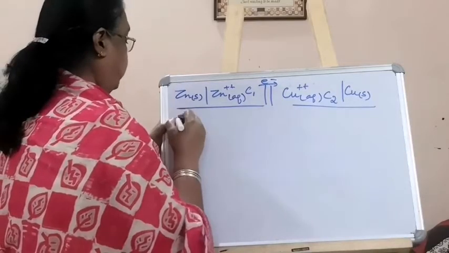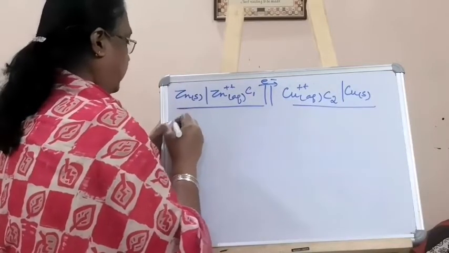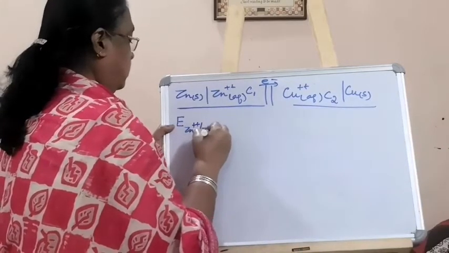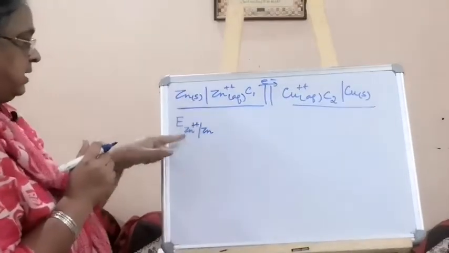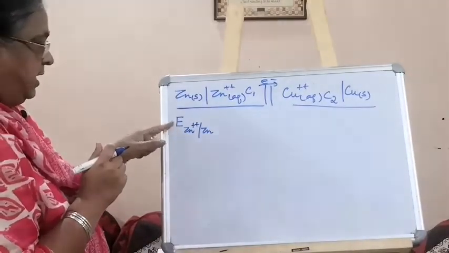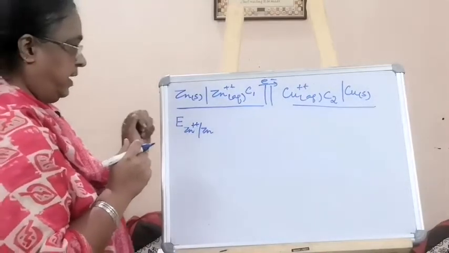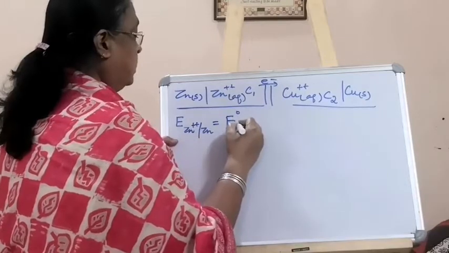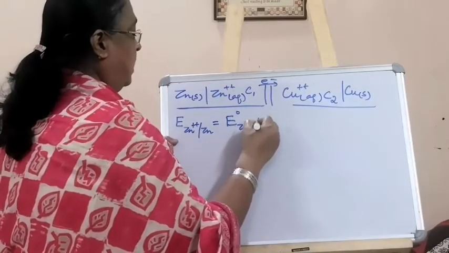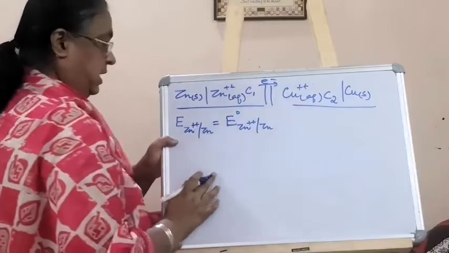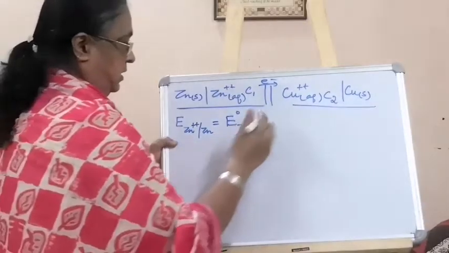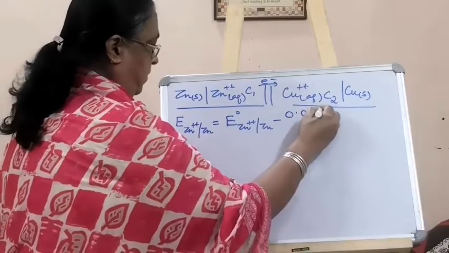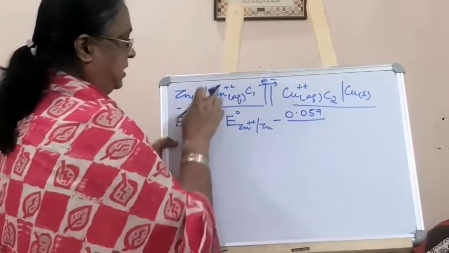So the Nernst equation, how will it be? The electrode potential of zinc ion over zinc, meaning the reduction electrode potential, which is not standard, is equal to E0 Zn2+ over Zn, the standard reduction potential of this, minus 0.059 upon n.